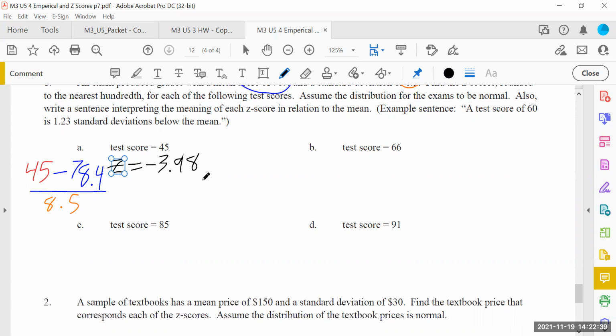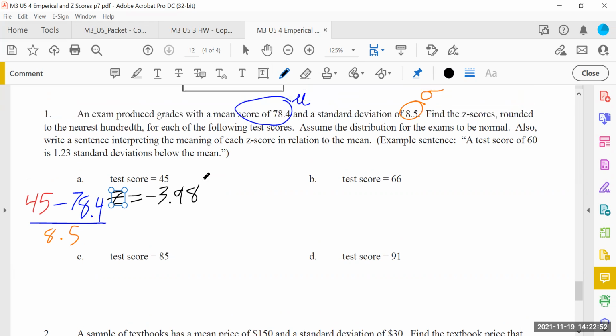Now, they're going to ask us... oh, I divided by the wrong number. No, I didn't. What happened? 45 divided by 8.5, so what did you get? Okay, let's figure out what's going on here.